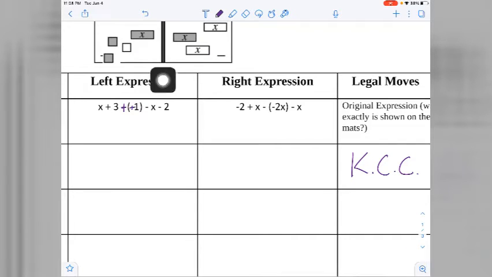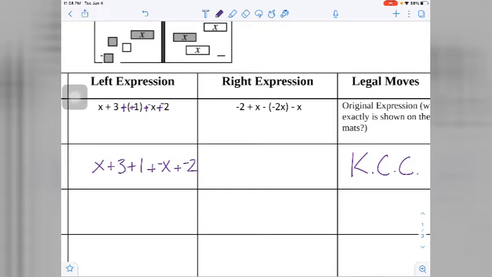And when I see subtracting positive x, I am going to change it to adding -x. And when I see subtracting 2, I am going to change it to adding -2. So I would rewrite my expression like this: x plus 3 plus +1 plus -x plus -2.